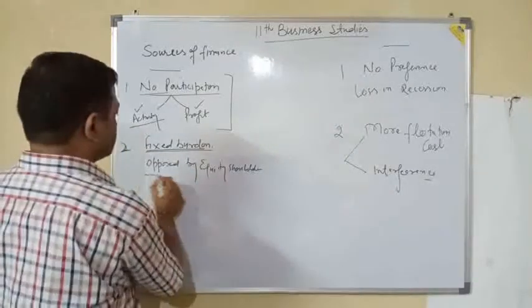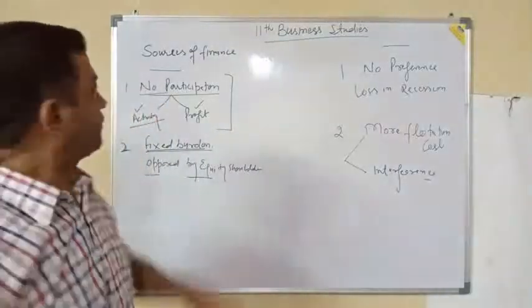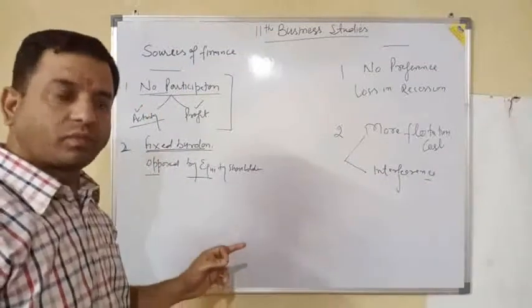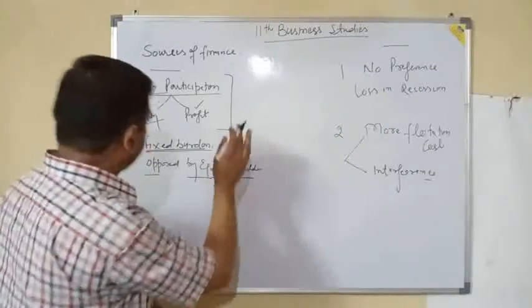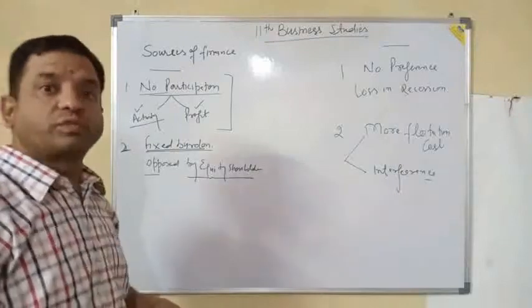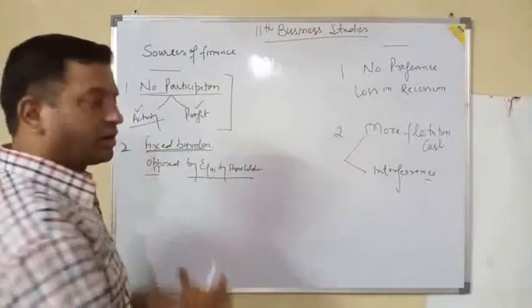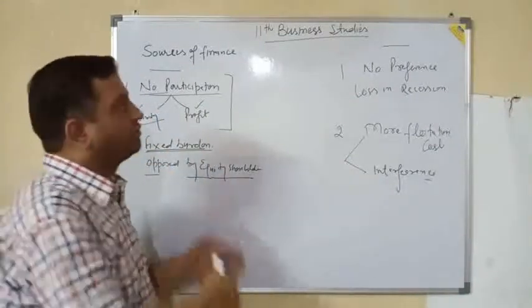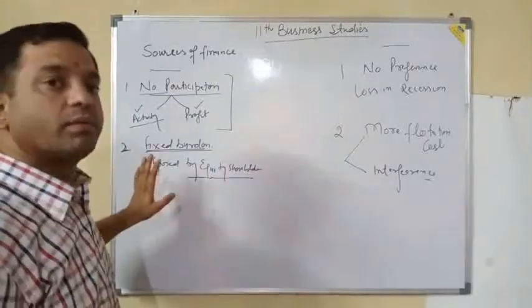And second, sometimes more funds collected by way of preference share are opposed or criticized by the equity shareholders, because as much as preference share is issued, the share of profit which may be given to the equity shareholder can be adjusted only between preference shares, and a lesser amount of profit will be available for the equity shareholders. This is the disadvantage of preference share.